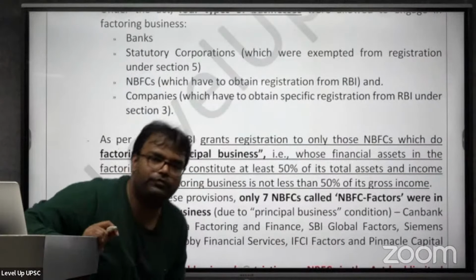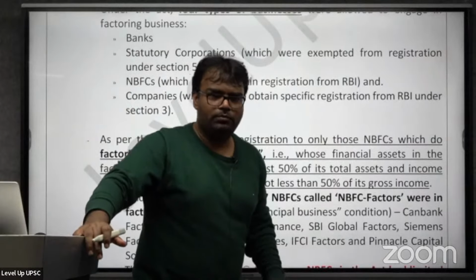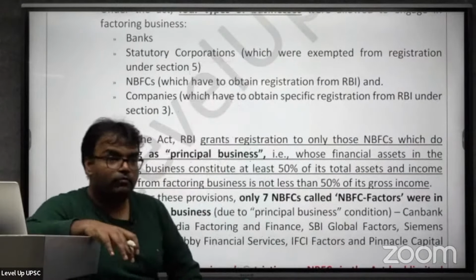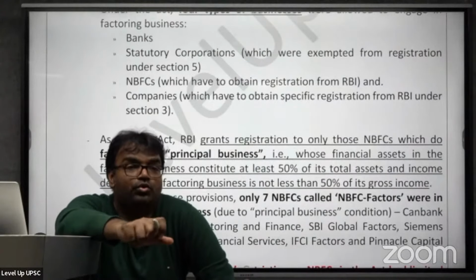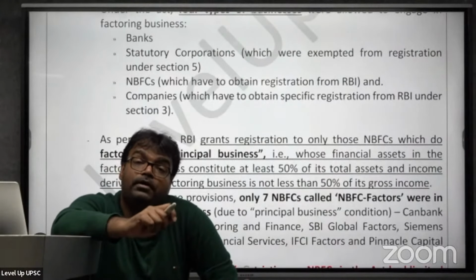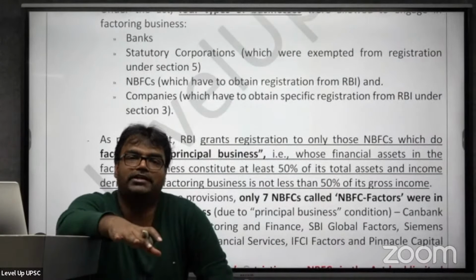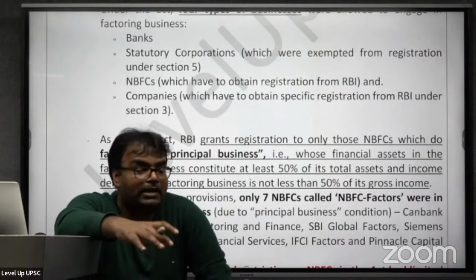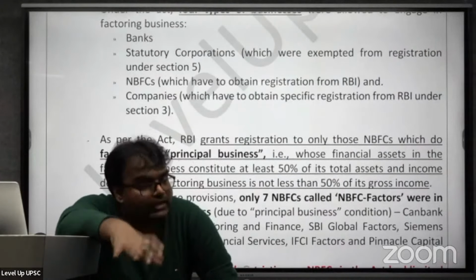That is, if let's say Jatin Bank wants to participate in factoring, wants to become a factor, in that case, Jatin has to show that my primary work is that of factoring. My primary work is not of banking, is not of providing loans. My primary work is of factoring.